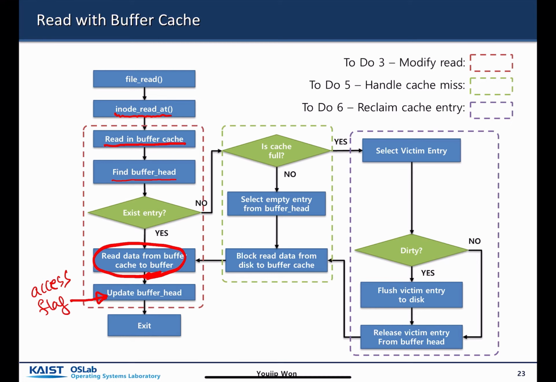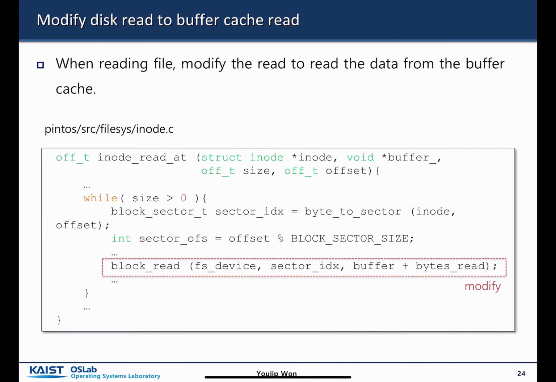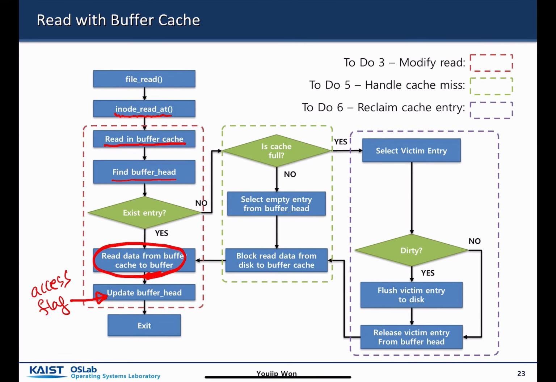That's the lucky part of the story, but life does not always go as easy as you want. The first issue is what if the entry does not exist? Then you have to read the disk block from the disk to the buffer cache and perform the read again.